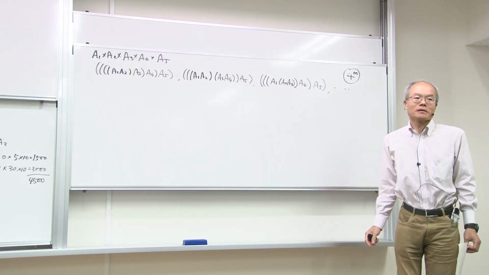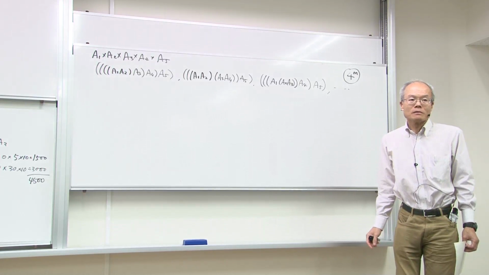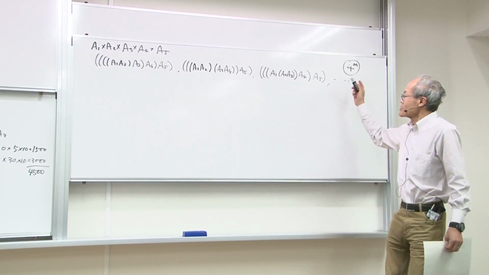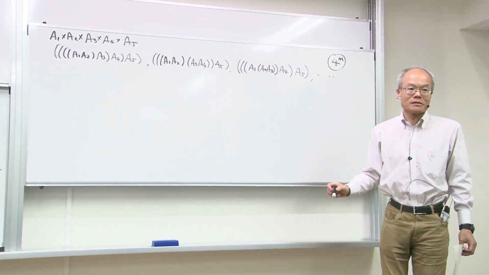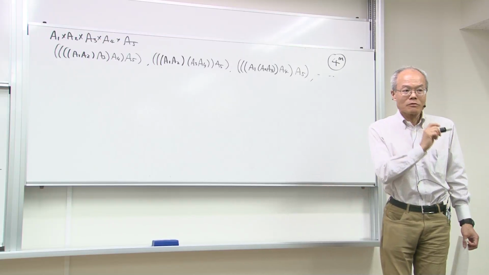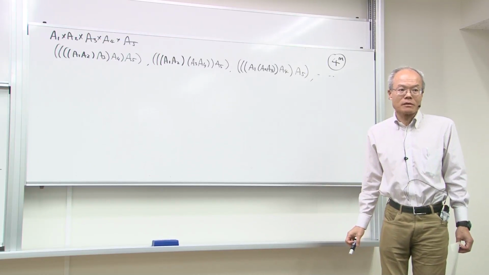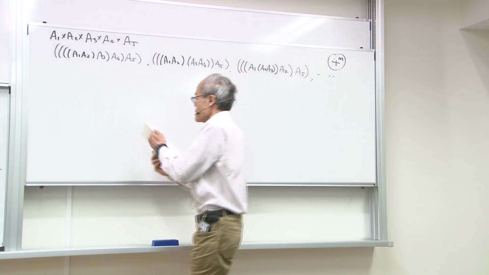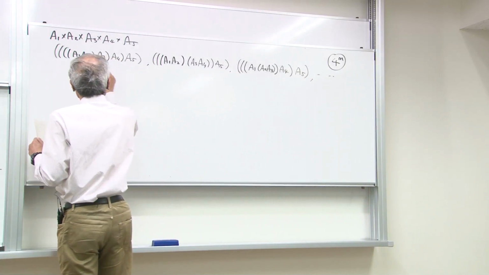dp means what? dp is simple. We try to find the best order by exhaustive search. What would be exhaustive search this time? Oh, it's pretty easy.